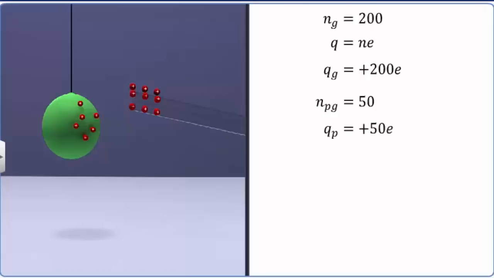Similarly, the glass now has a charge of plus 200 e minus 50 e, where minus 50 e is the charge due to the 50 electrons gained by the glass. Therefore, the effective charge on the glass is plus 150 e. Hence, it has become less positively charged compared to its original state.